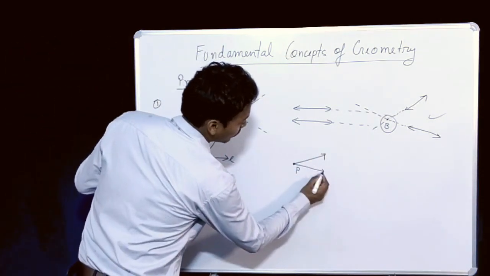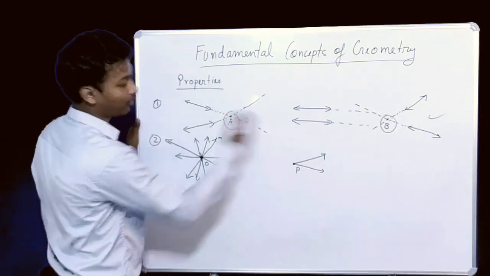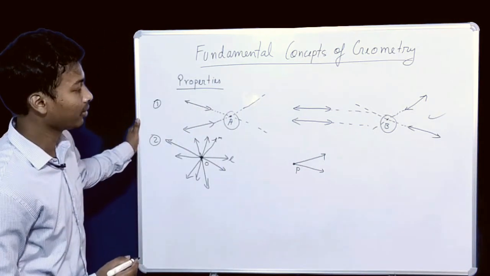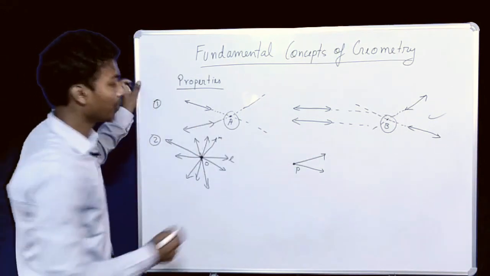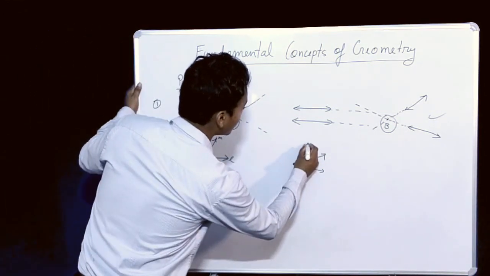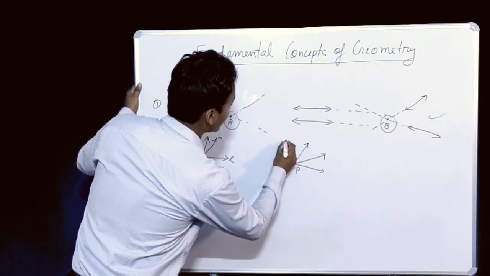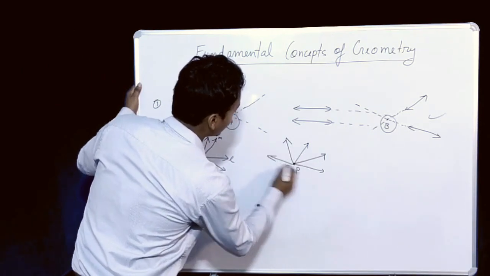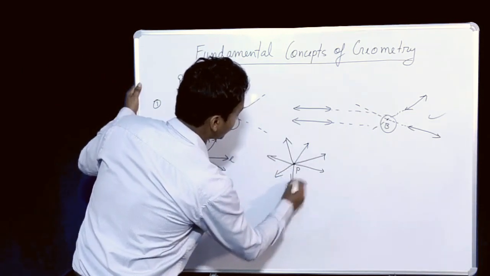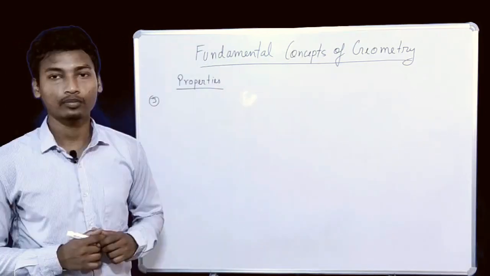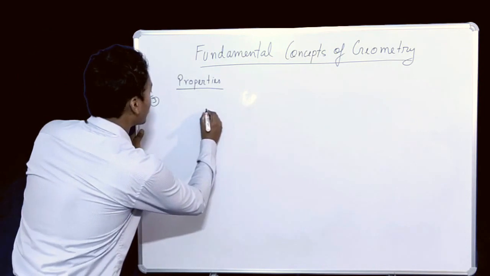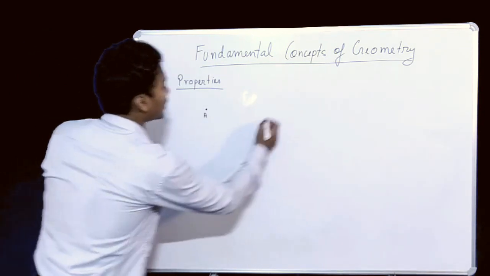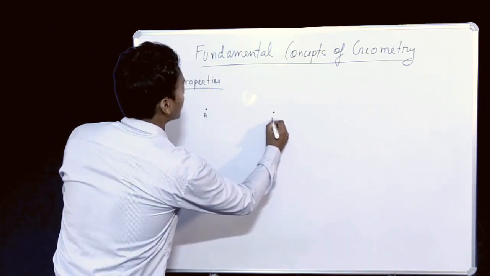So for rays also we can have an infinite number of rays that can be drawn from a given point. So this direction we can draw, this direction we can draw. Clear? Next property. Let's take a point A and another point B.